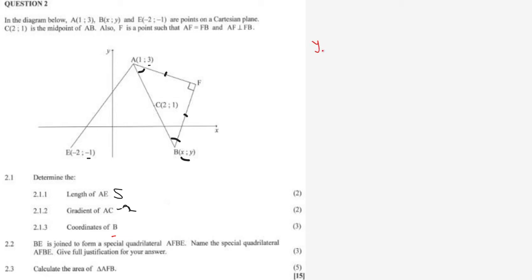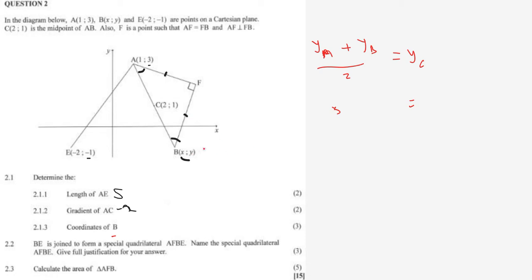y at A plus y at B, divided by 2, is equal to y at the midpoint. The midpoint here is y at C. I love the subscripts whenever you're doing your maths. They make your maths make sense to someone who didn't write it. So y at A is what? Is 3.